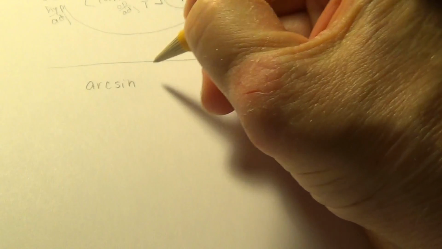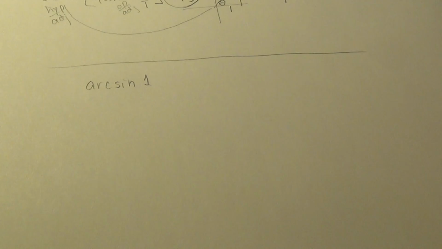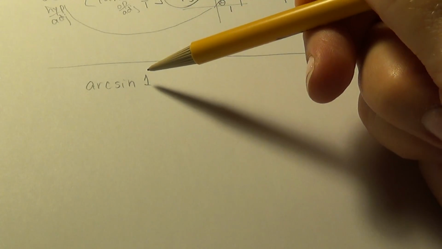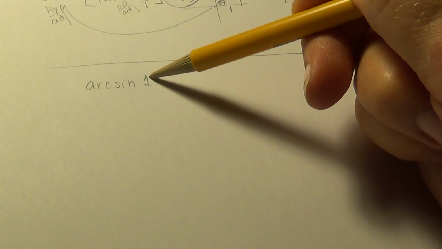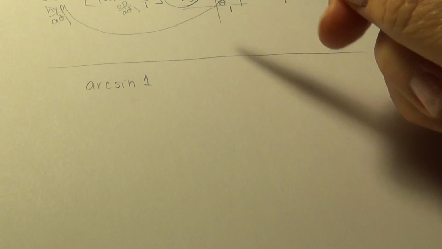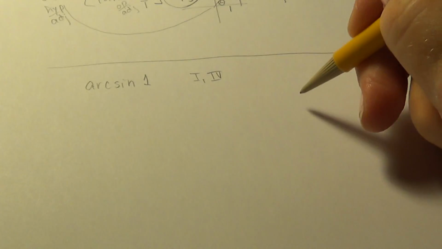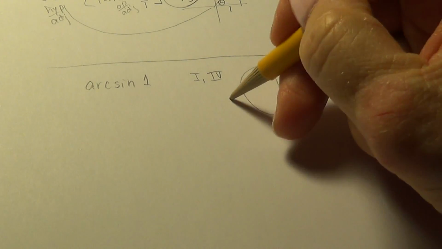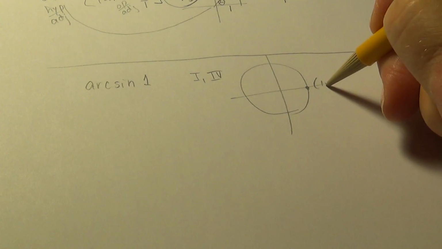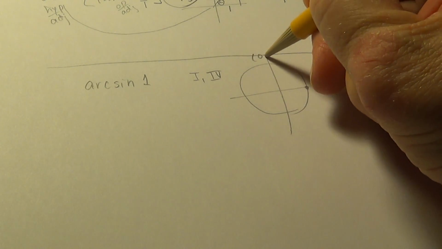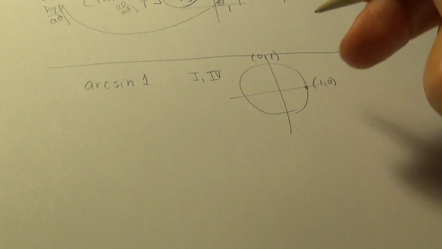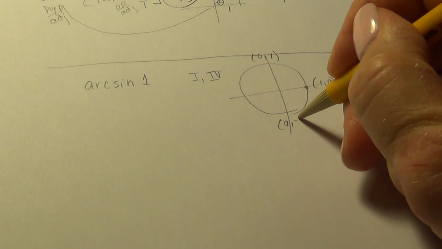So if I asked you for just the arc sine of 1, that is saying what angle has this as its sine. We can only look for arc sine in the first and the fourth quadrants. So sounds like monkey math: 0, 1; 1, 0; 0, 1; and 0, -1.